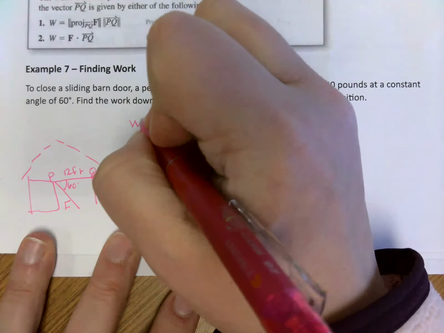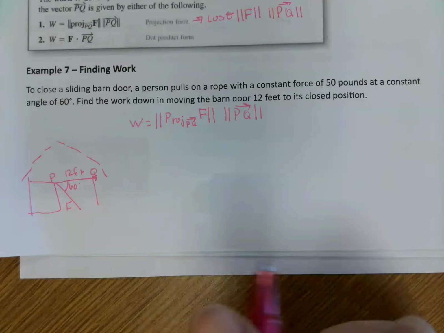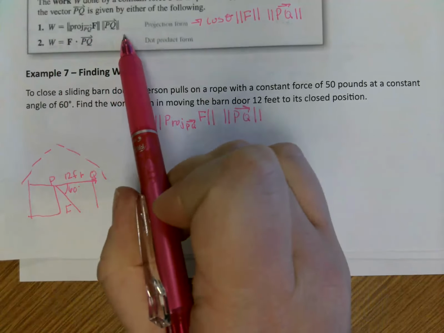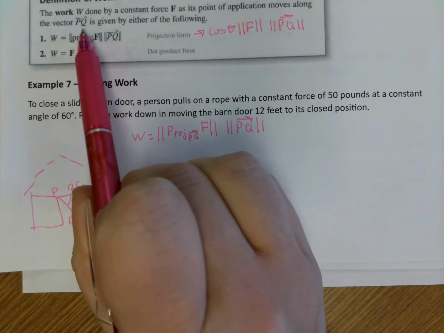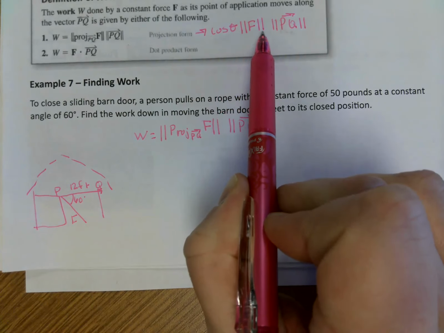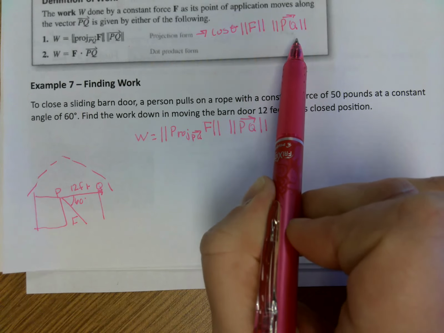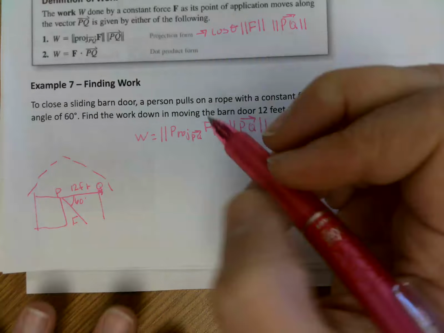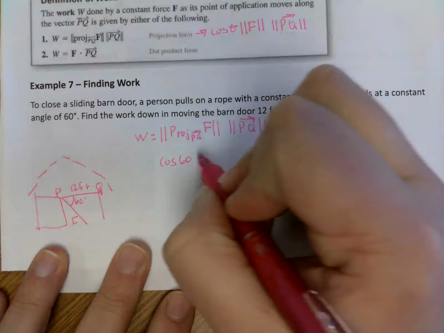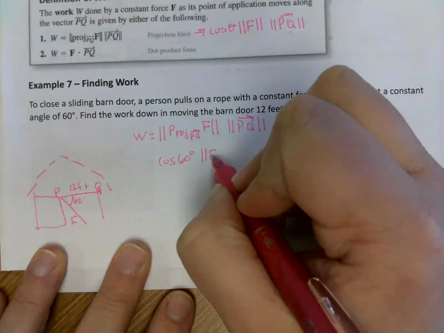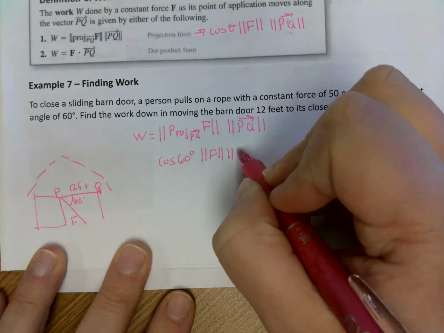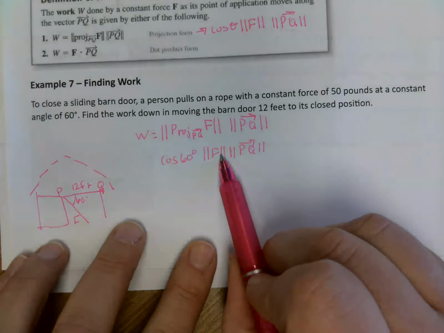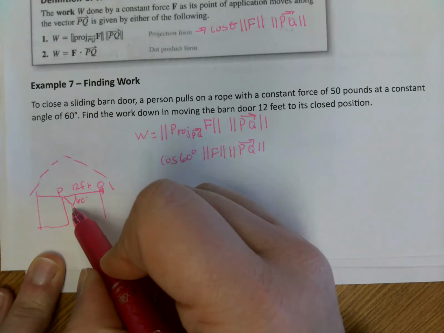So we're looking at this first, work. We are using this equation, work is equal to the projection of F onto PQ, times PQ. We can also rewrite this as the cosine of my angle times the magnitude of F times the magnitude of PQ. So that is cosine of 60 degrees, with our magnitude of F, then our magnitude of PQ. The magnitude of F is the magnitude of force that is used.